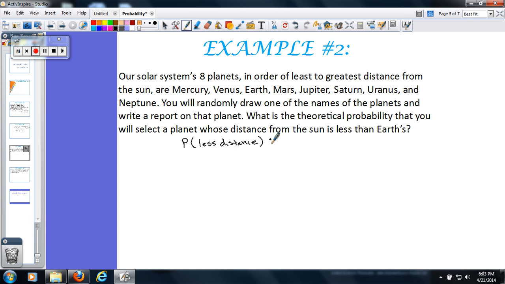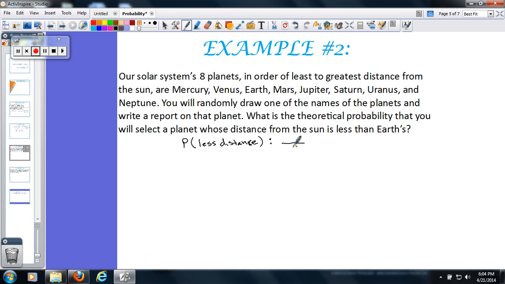Okay? Now, how many total? So my sample space then would be all the planets: Mercury, Venus, Earth, Mars, Jupiter, Saturn, Uranus, and Neptune. That would be my sample space. This is my event. The complement to the event, if it's less distance for the event, then the complement would be more distance, like farther away from the sun.